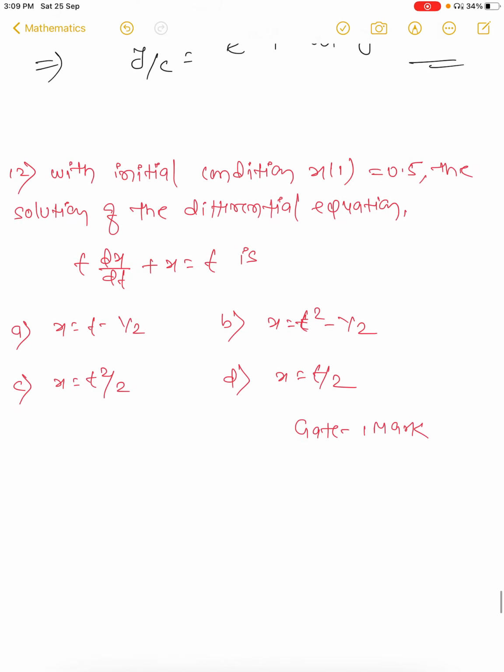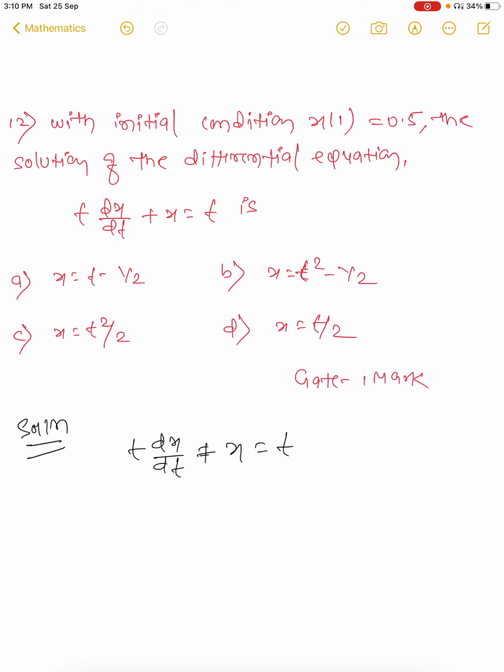Come to the next question. The initial condition x(1) is equal to 0.5. The solution of the differential equation t dx/dt plus x is equal to t is given. So we can write dx/dt plus x/t is equal to 1.